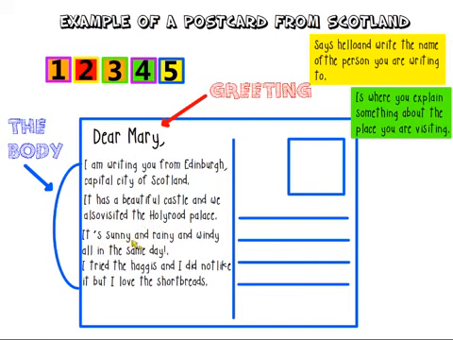Also, it is sunny and rainy and windy all in the same day. Okay, so they're telling us that the weather in Scotland is very changeable. Yes, it changes a lot. And you have to take an umbrella and then take off your coat because it's sunny. Okay. And I tried the haggis and I did not like it, but I love the shortbreads.